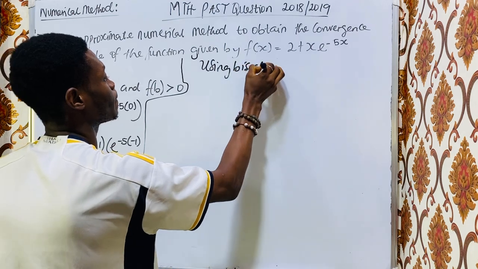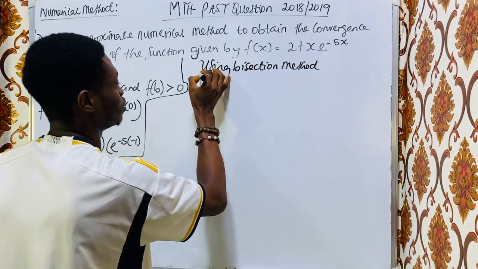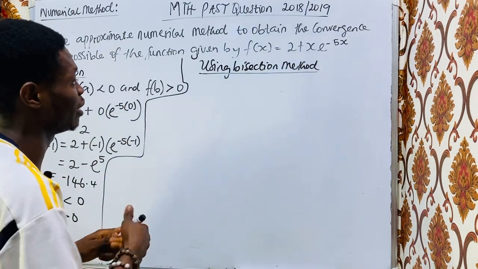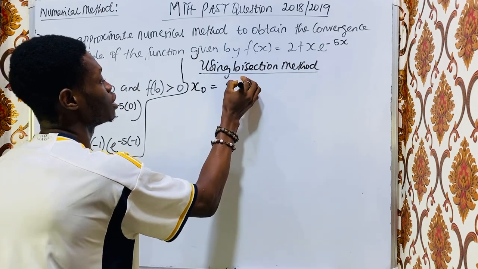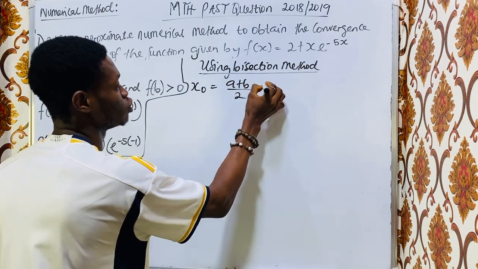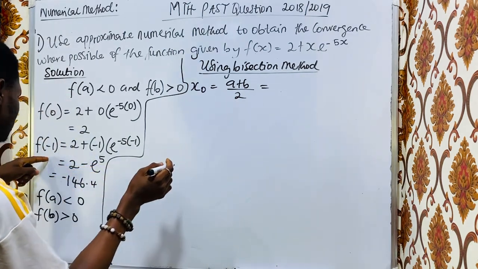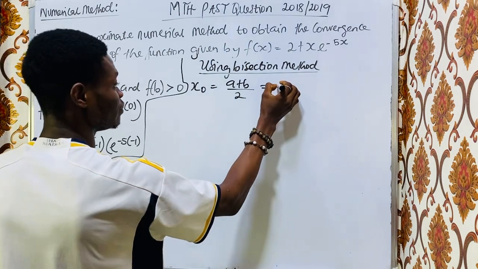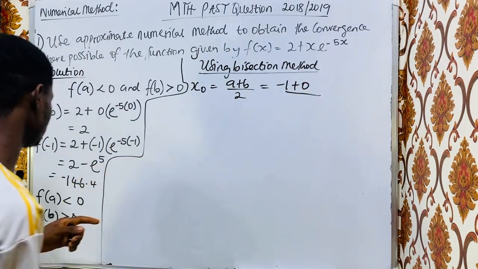Using the bisection method, we are going to have our x naught to be a plus b all over 2. So what is our a? Our a is the one that gave us a negative when we plug in x, so we have negative 1, then plus b, which is 0.